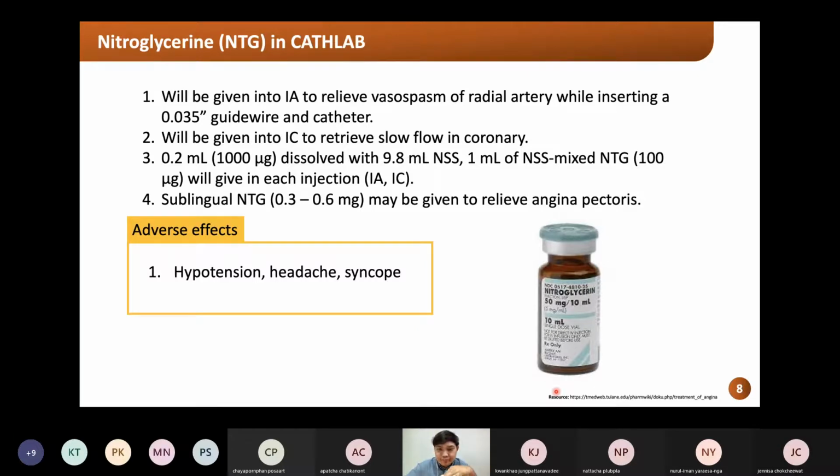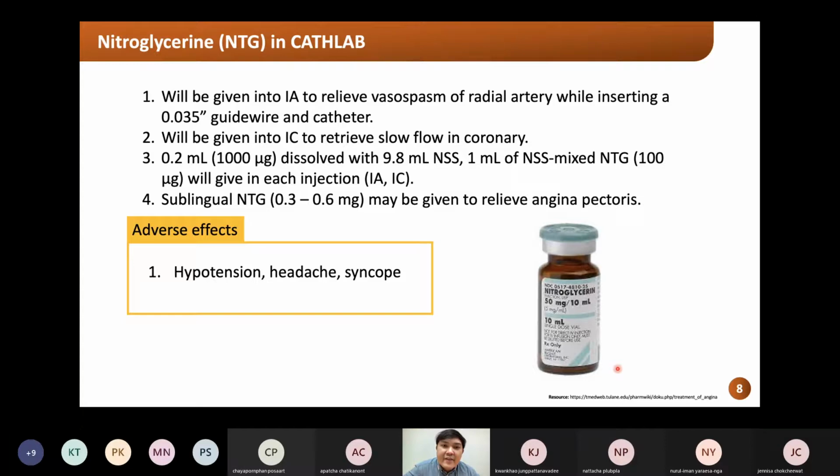So you can see that 1 milliliter is composed of 5 milligram, right? And normally the NTG that is injected into the patient is only 100 microgram, a slightly little amount compared to the concentration in this bottle.